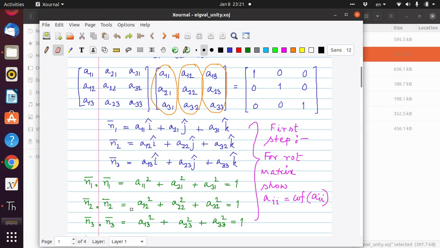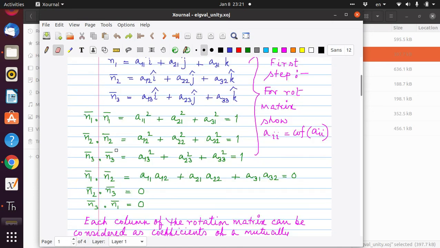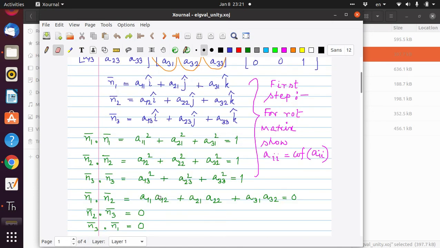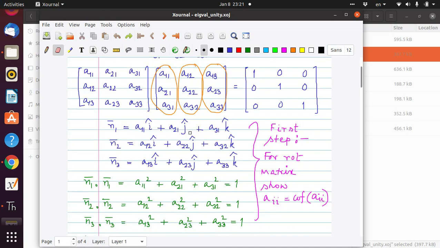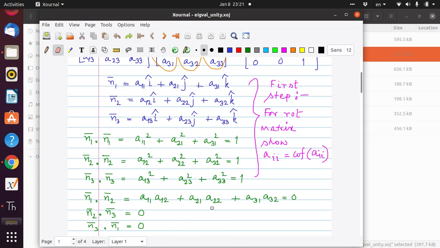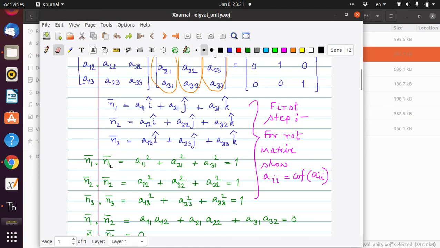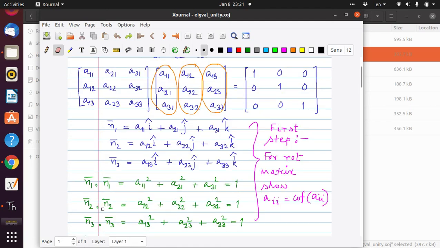So n1 dot n2 is a11 a12 plus a21 a22 plus a31 a32, and that has to be 0. Now if you take the dot product n2 dot n2, again you get 1, and n3 dot n3 you get 1.